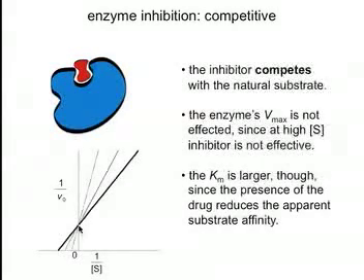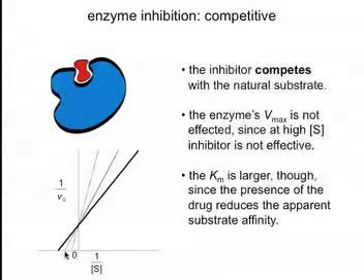Vmax is unaltered because ultimately at very high substrate concentrations we can outcompete the inhibitor for the active site. So we ultimately reach Vmax. The trick, however, is that in order to reach Vmax, we have to go to much higher substrate concentrations. So the Km is larger, suggesting that in the presence of inhibitor, the binding affinity appears to be lower.